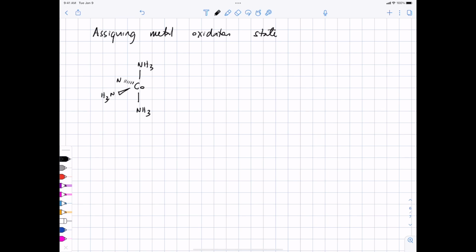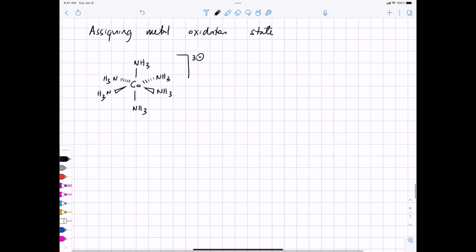Anyway, this is a complex of cobalt with ammonia. If I remember right, I think it makes a lovely blue color. Okay, so first, we need to know that the overall charge on this complex is 3+. Somebody would need to tell you that, okay?